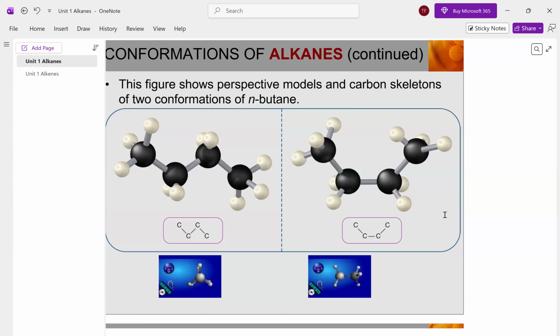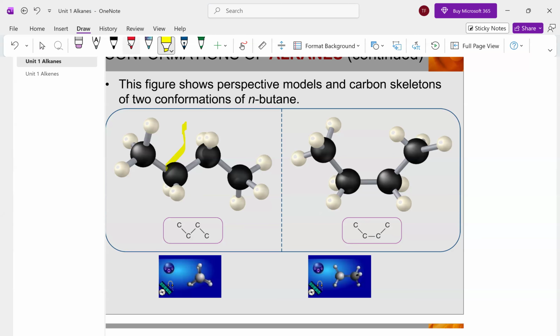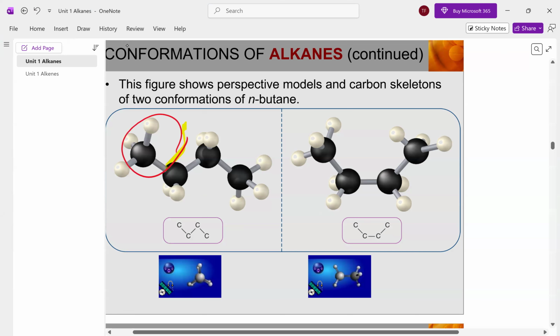When a group can be by itself, it's more stable. Over here, we have this thing swung around so that we have this interaction.